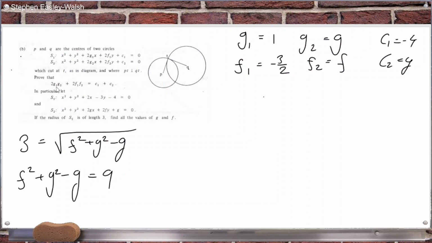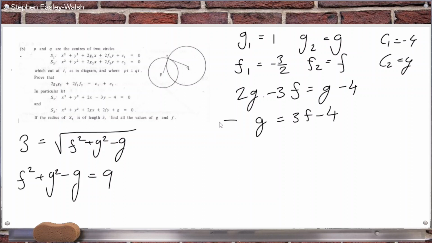That's the problem. So now, 2 G1, G2, so that's 2G, plus 2 F1, F2, so that's minus 3F. That's equal to C1 plus C2, which is G minus 4. So now I get G equals 3F minus 4.